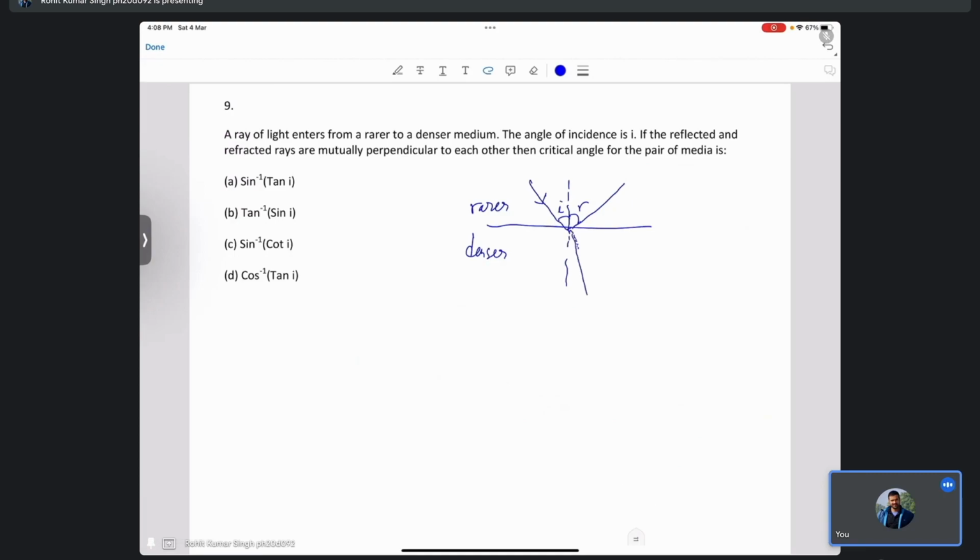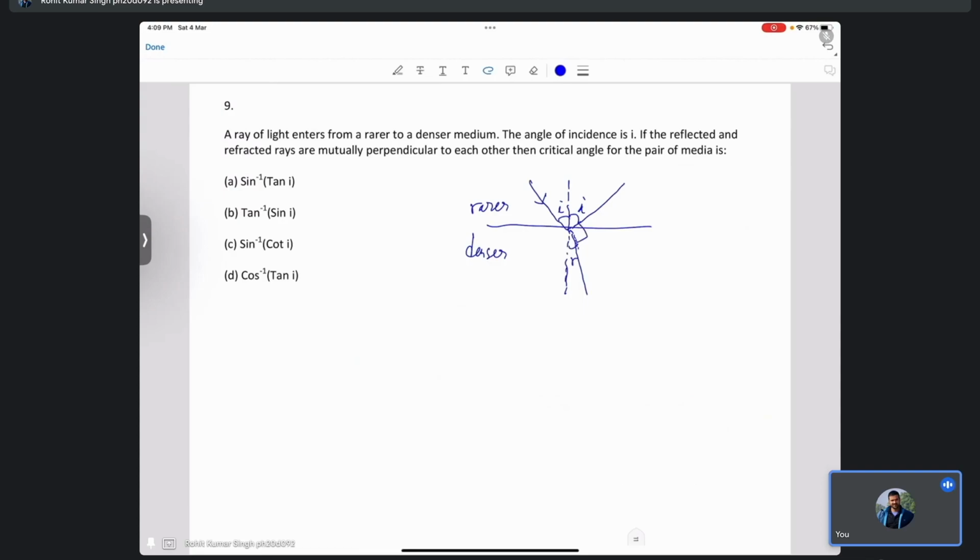The refracted ray will be closer to the normal, like this. So let me write it. This one should be R, and since the incident and reflected angles are equal, it is also I. And in the question it's given that the reflected and refracted light rays are mutually perpendicular to each other.